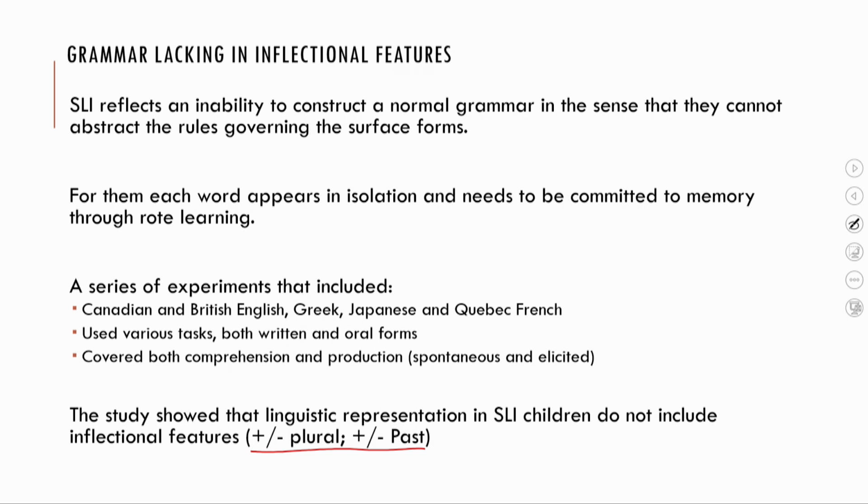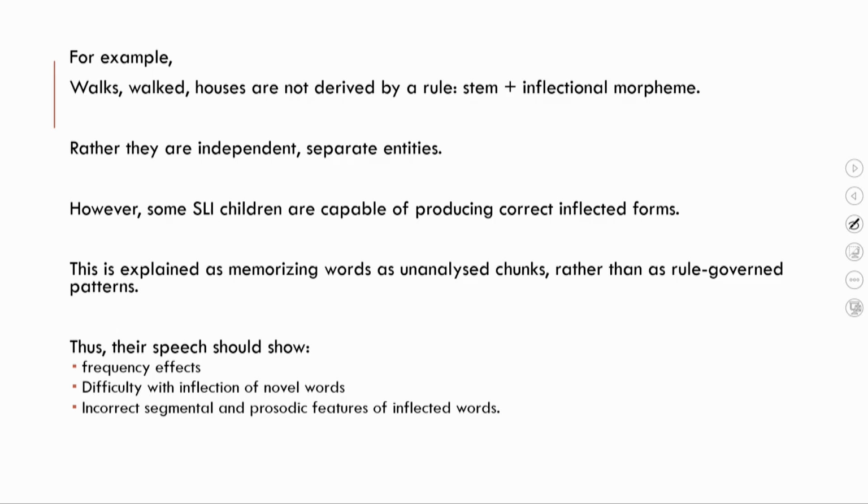The idea given was that their grammatical representation does not include this information. For example, walks, walked, houses are not derived by a rule governed process like stem plus inflectional morpheme; rather each of these words is separate.